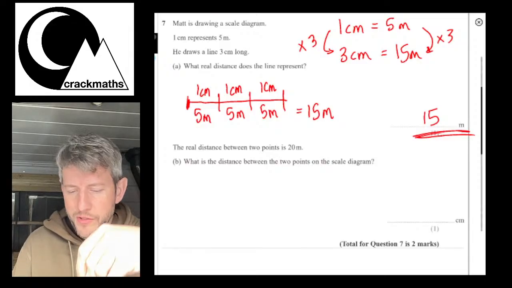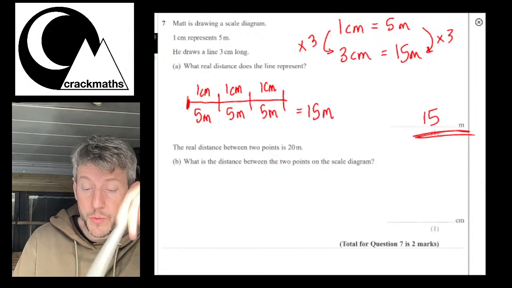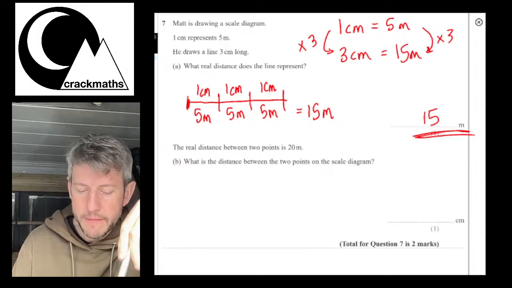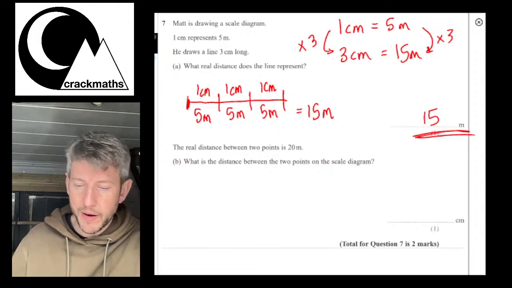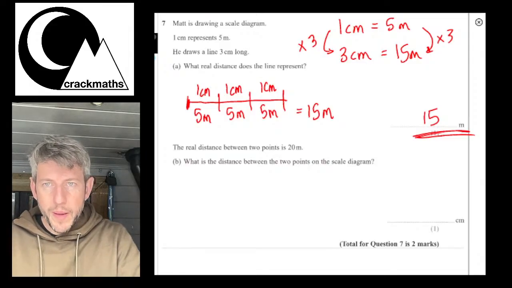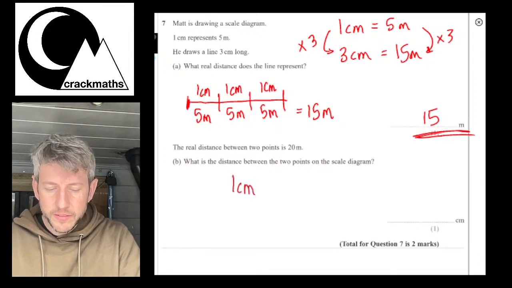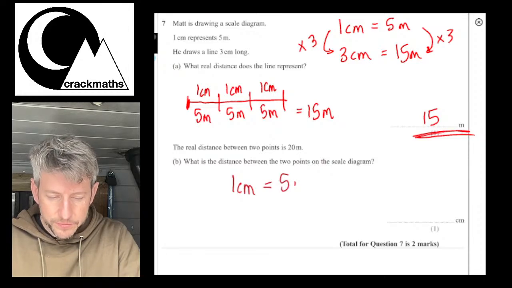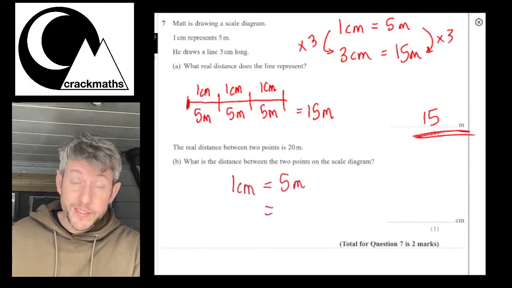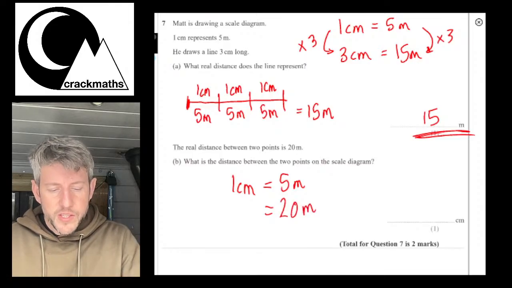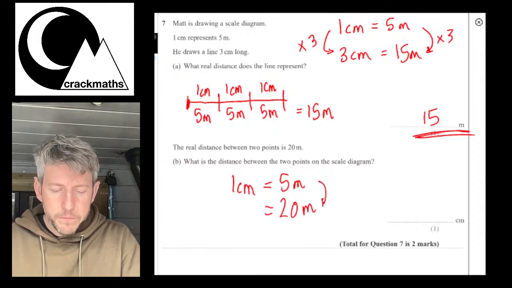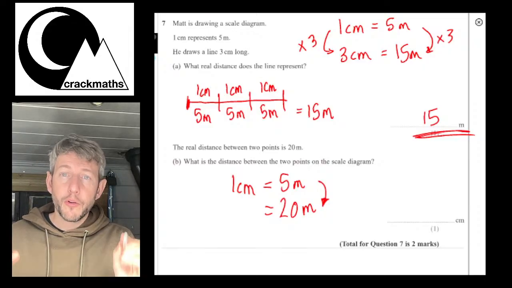And so this next question says, the real distance between 2 points is 20 metres. What is the distance between 2 points on the scale diagram? So remember, we have 1 centimetre equals 5 metres. Now the real distance this time is 20 metres. So I'm going to put 20 metres here. So I need to work out what have I done to get from 5 to 20.